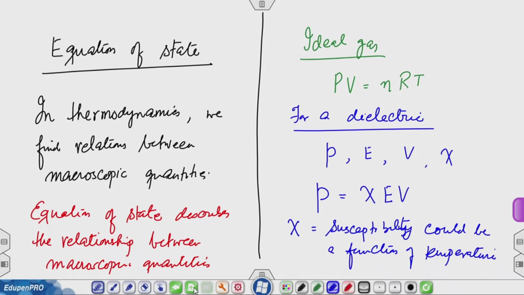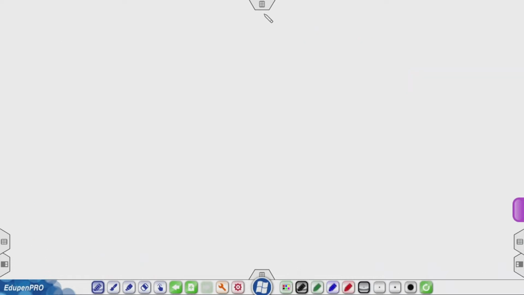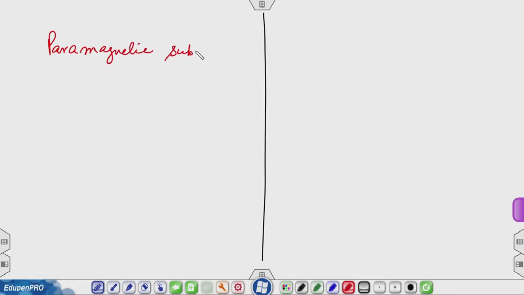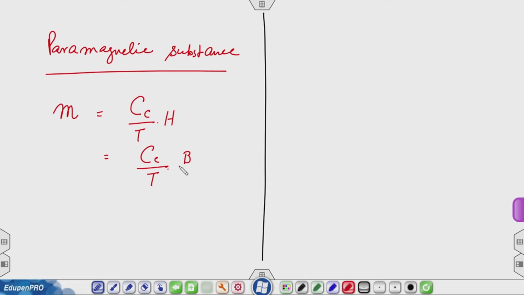Similarly, for a paramagnetic substance, we have the magnetic moment equals some constant C, which is known as Curie constant, divided by T times H, or C divided by T times B over mu.